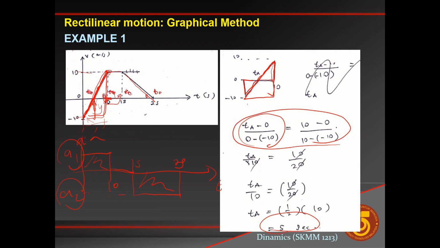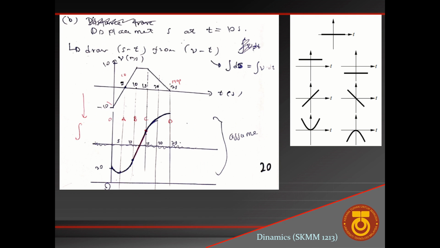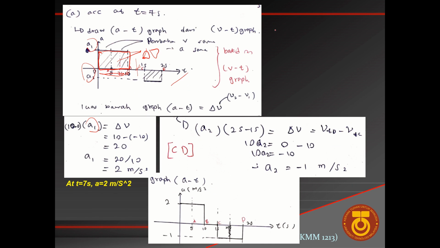Here v goes from negative 10 to 10, so I put 10, which is v2, minus negative 10, which is v1. From that calculation, we have a1 equal to 2 meters per second squared.